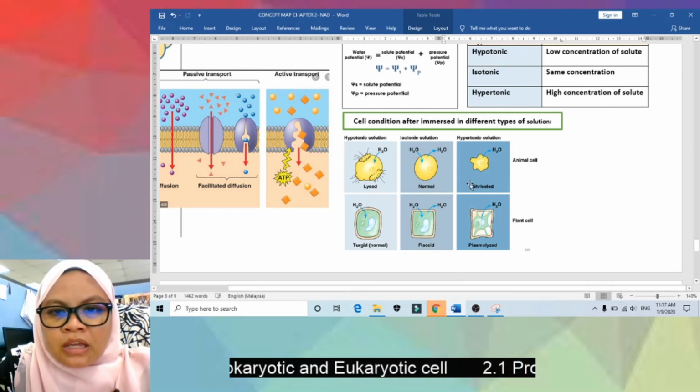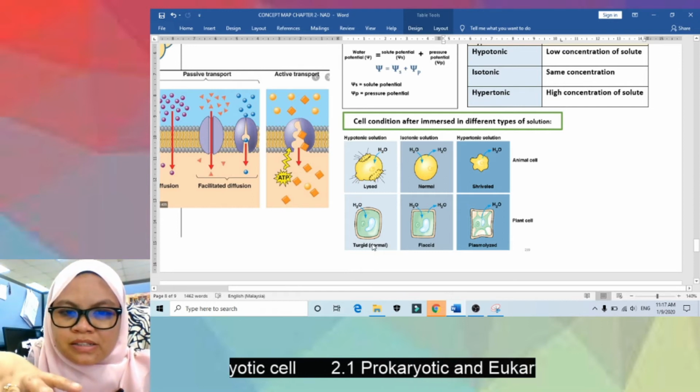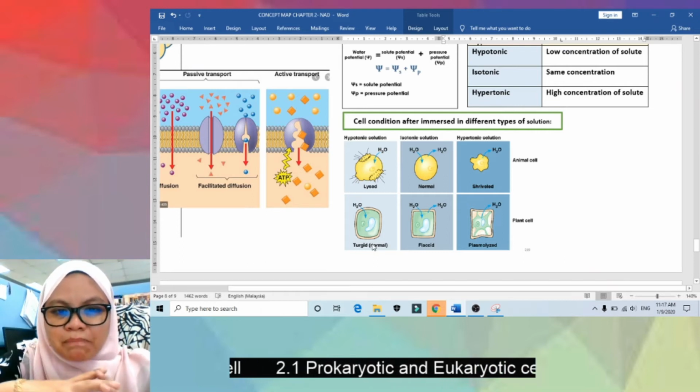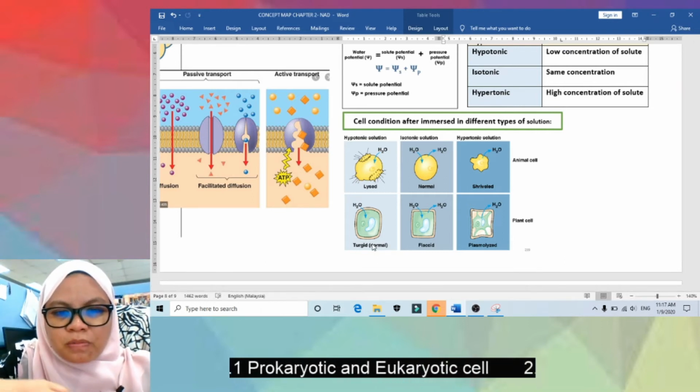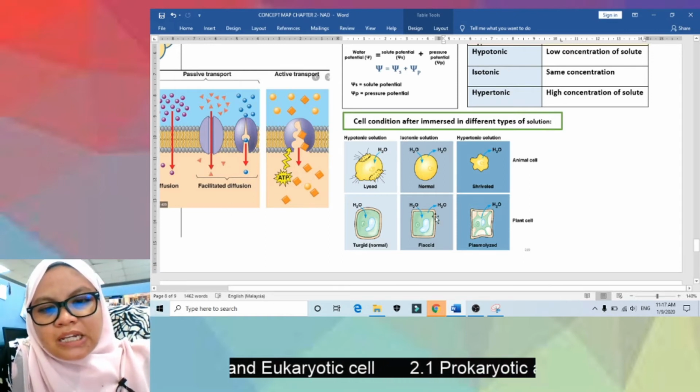Okay, flaccid. So there is a difference between turgid and flaccid. Look at the size of the central vacuole and the size of the cytoplasm. In the turgid condition, the cell will really swell and expand, and the cytoplasm will be very close to the cell wall compared to the flaccid condition.